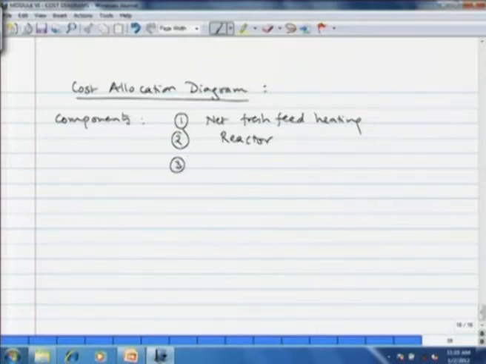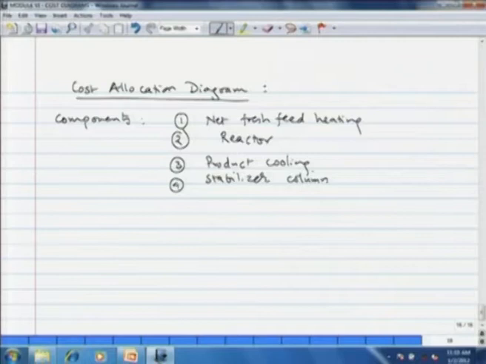Third will be the product cooling. Then fourth will be the stabilizer column. Now, flash drum is a simple equipment. It is not so cost intensive, so we do not include it in our analysis. Then fifth is the benzene column.